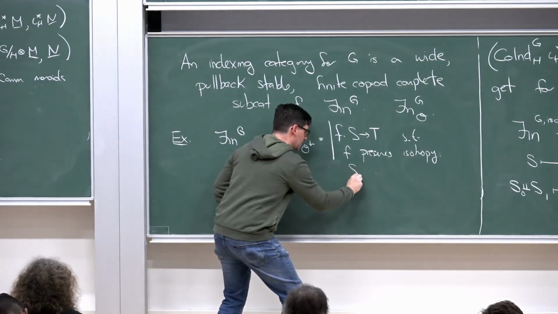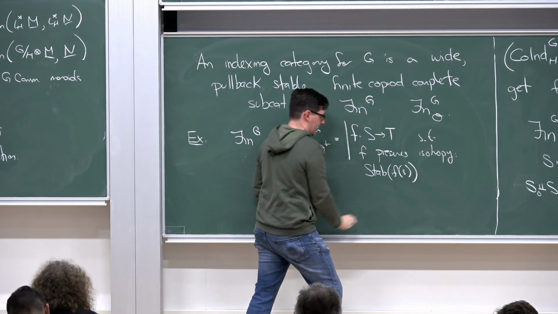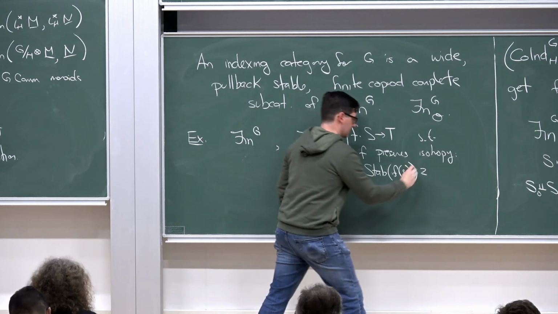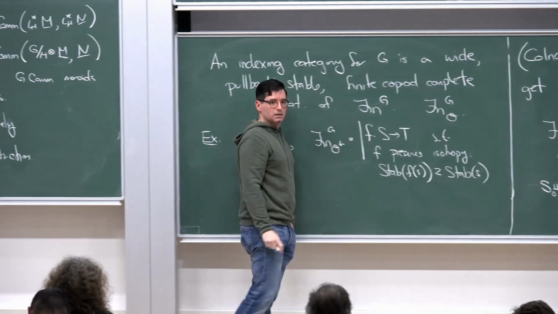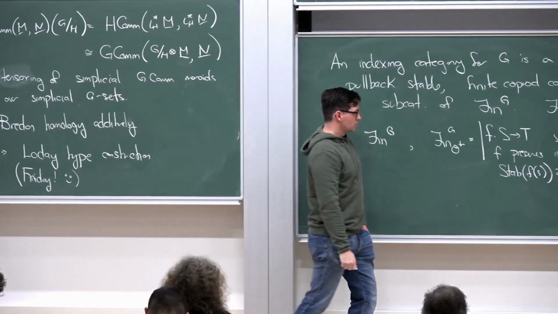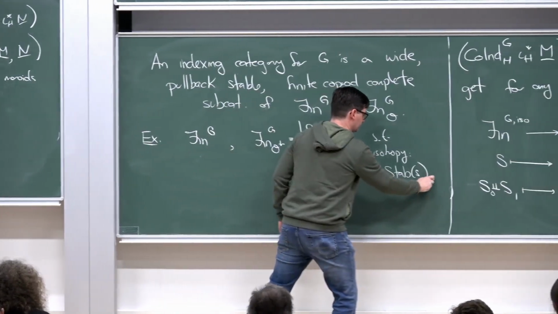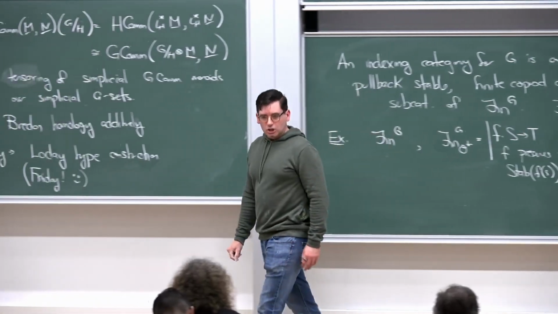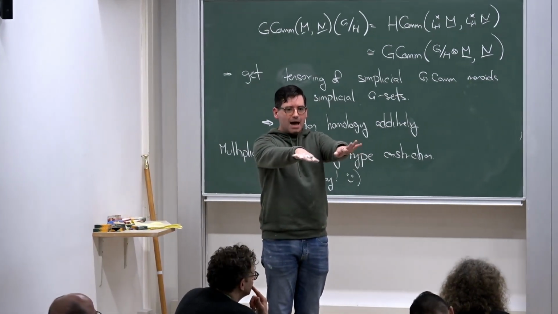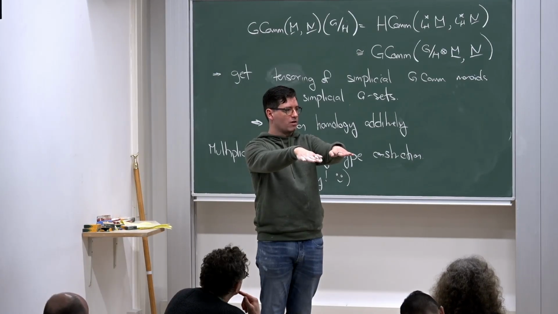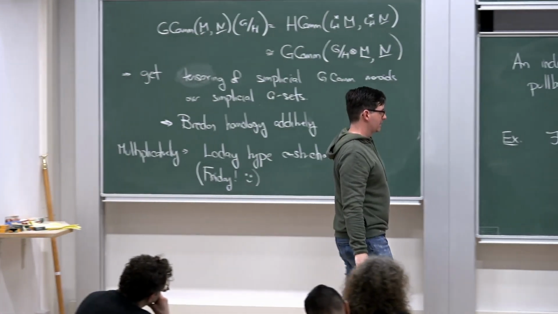So remember, the stabilizer of f of some s has to contain the stabilizer of s. That's just a statement that the map is equivariant. So to say that it preserves the isotropy is actually to say that these are always the same. And you can check that what this does is it basically says, I don't allow maps between non-isomorphic orbits. And then I take everything that I get from them.